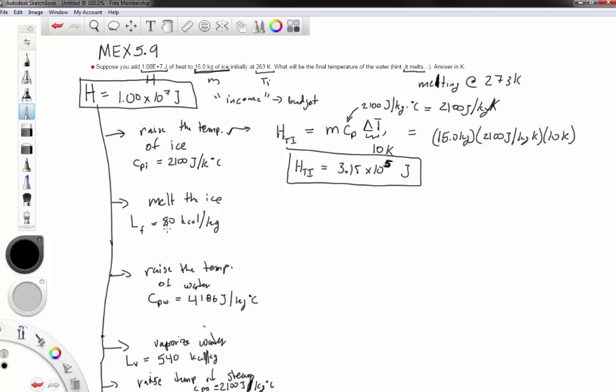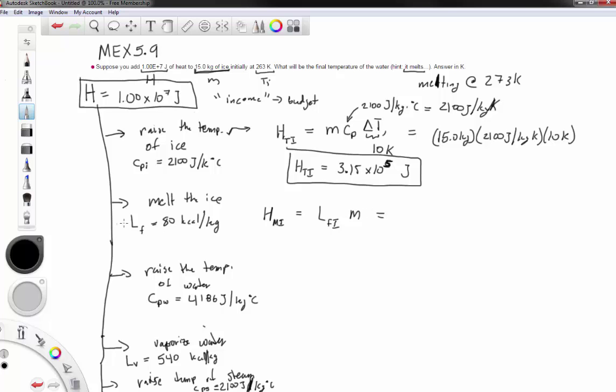So now the question is, can we melt all of the ice? To do that, let's say the heat to melt ice is going to be the latent heat of fusion for ice, which is written over here, times the mass of the ice that we melt into water.